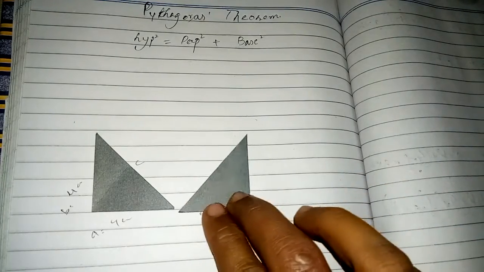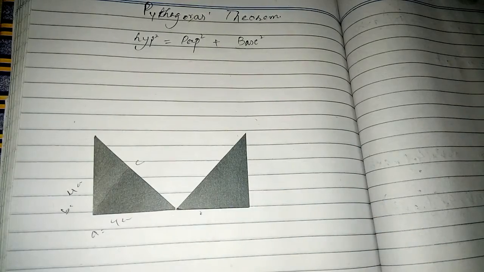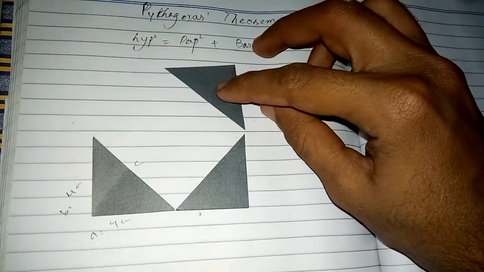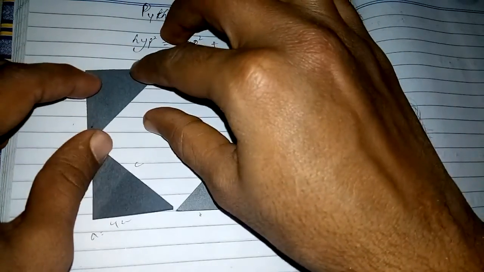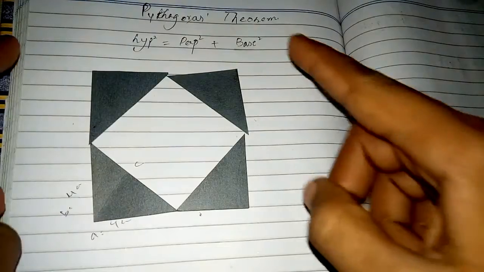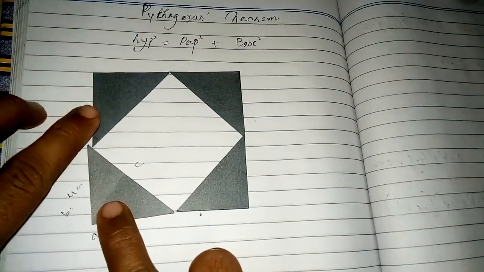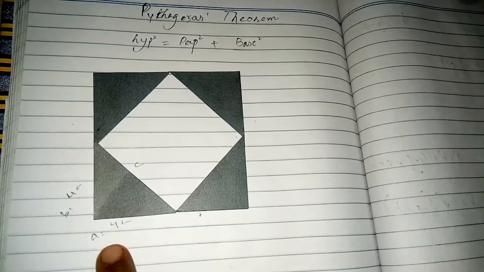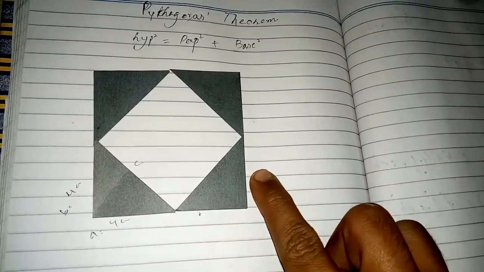If I place these 4 triangles here in a way that a new geometrical figure is formed, we can see a new geometrical figure has formed, which is a square, because the dimensions are equal: this length is 4, this length is 4, this length is 4, this length is 4.